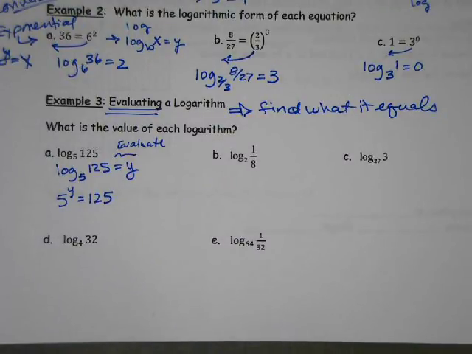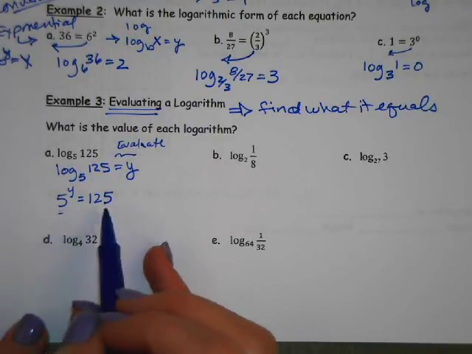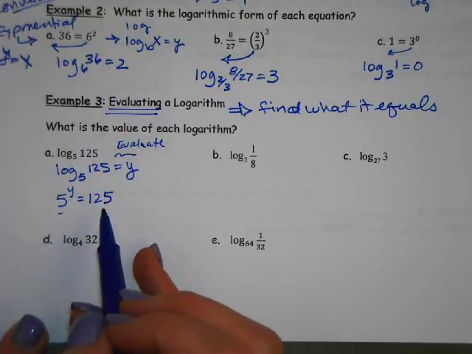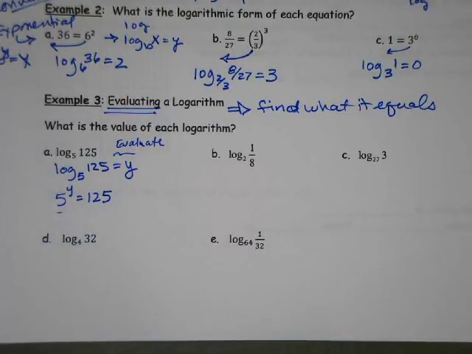Okay? And this goes back to 10.1 where we said, well, how do we actually find exponents? What do we need to do? If we can have the same base, then we can just put the exponents equal to each other and we can solve, right? So we're just going to do that. So what base should I use? I have a 5 and I have a 125. So if I pull out my little chart, what would be a base?